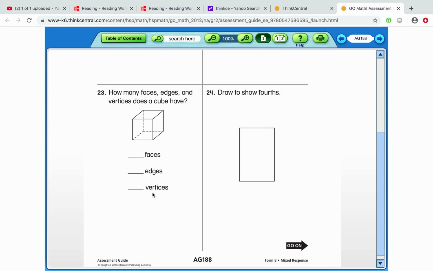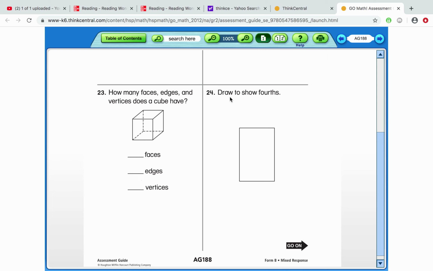Now vertices, the corners or the points where the edges come together. 1, 2, 3, 4, going down here, 5, 6, 7, 8 vertices. Okay, 6, 12, 8.